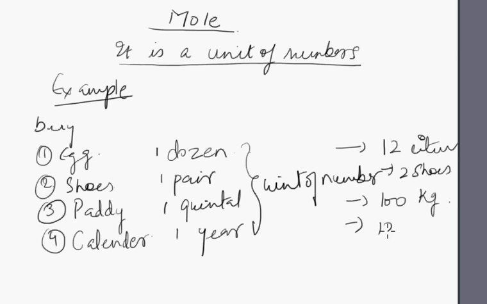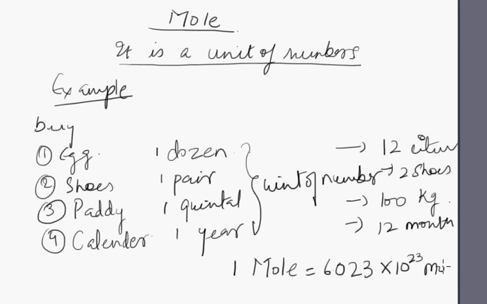A year contains 12 months. Similarly, 1 mole is equal to 6.023 into 10 to the power 23 particles.